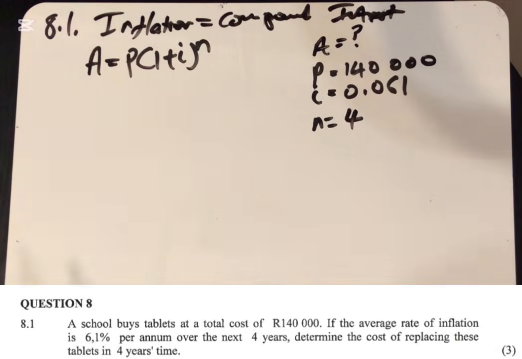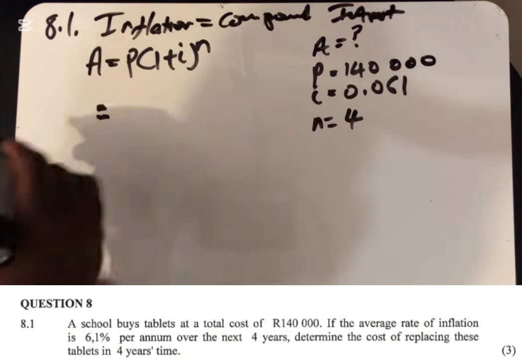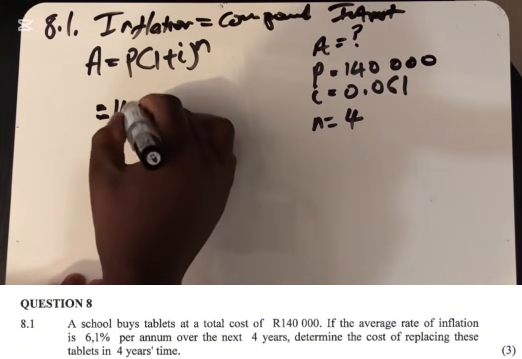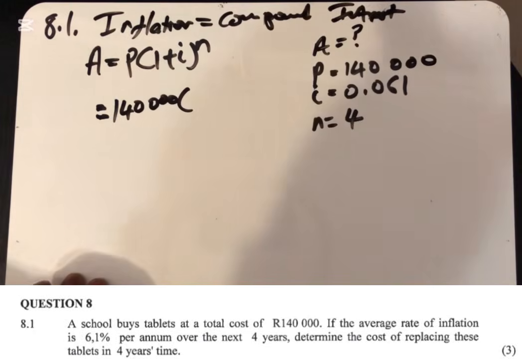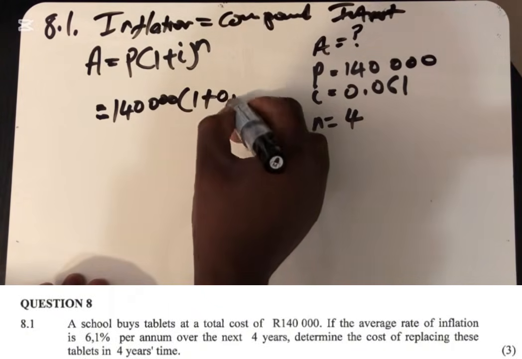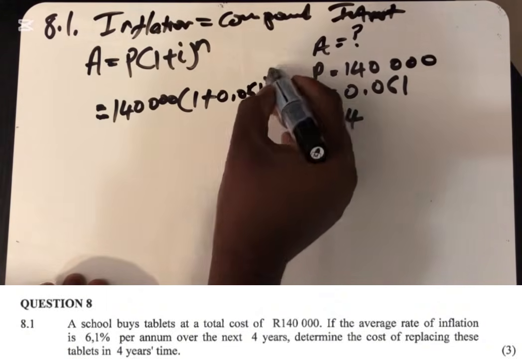So now we have to calculate. Let's replace the given information in our formula here. P, we said, is 140,000. 1 plus i, we said i is 0.061. n, we said, is 4.